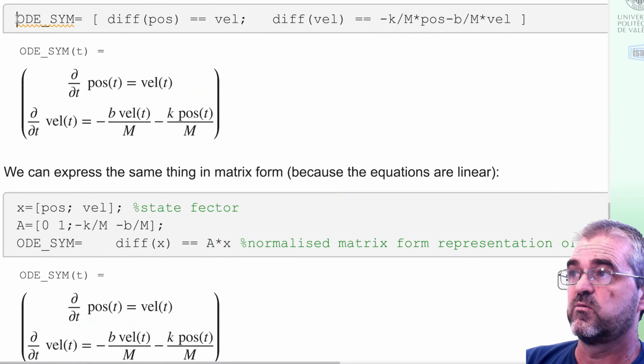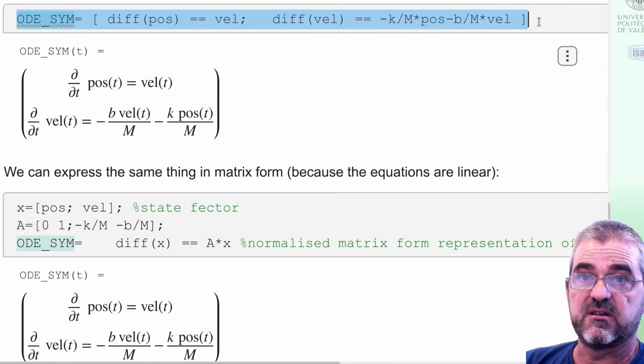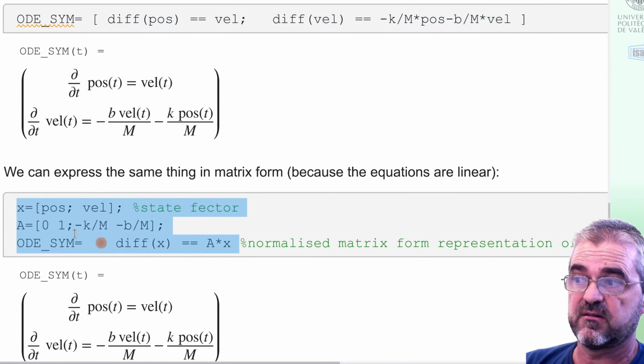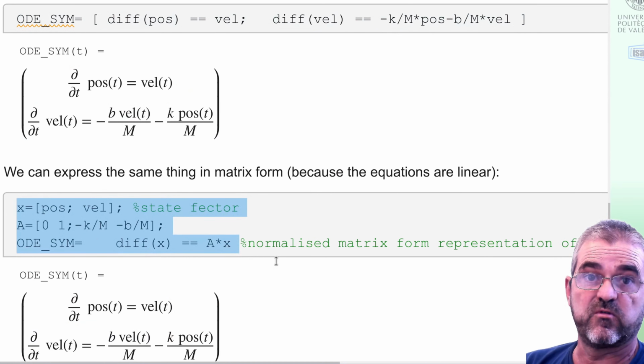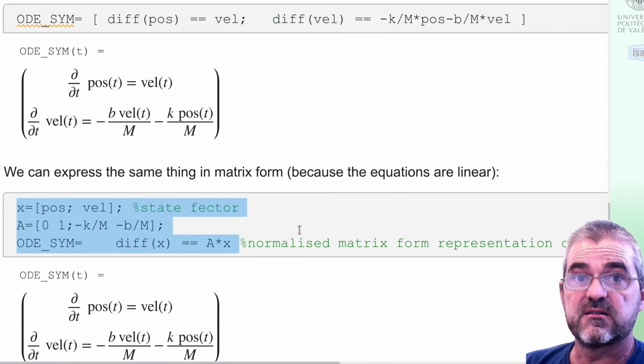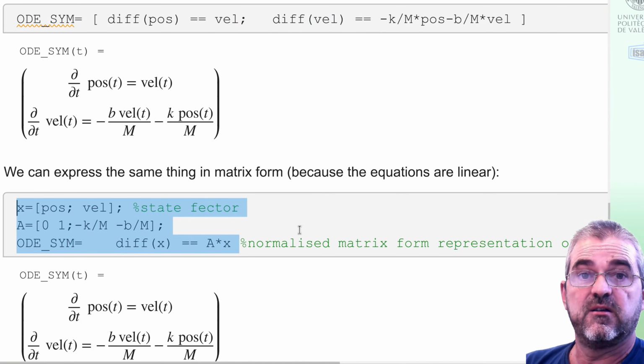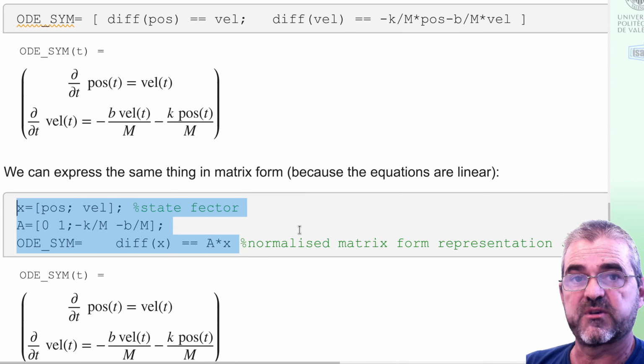So we may write the ODE typing this code, or we might write the ODE typing this code. Of course, typing it in both ways is not needed. You just may choose one of them, but here I do it twice for comparison in order to better illustrate what the matrix form representation is actually doing.